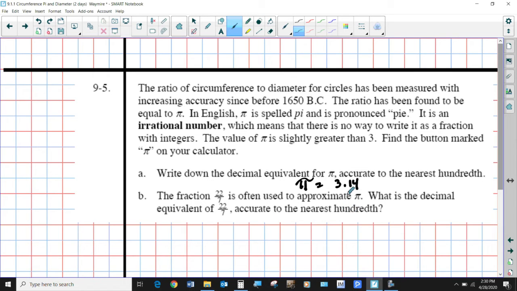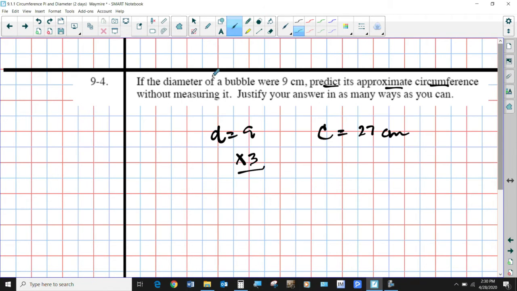If you're just using a standard calculator and you always use 3.14, you're always going to get an answer that's a little bit less than the actual answer. And that's okay, because we all have to round it at some point. For instance, let's go back to this particular problem.